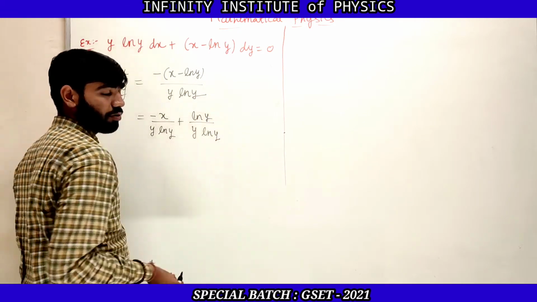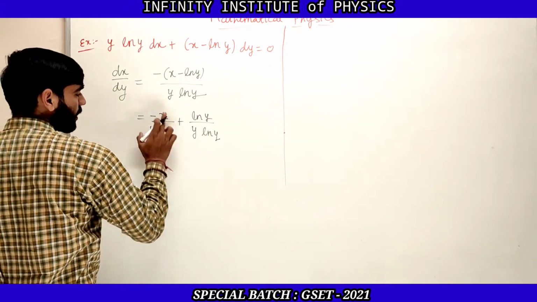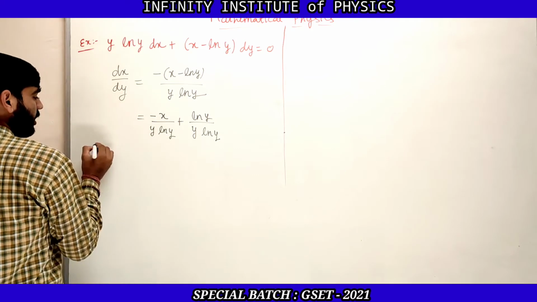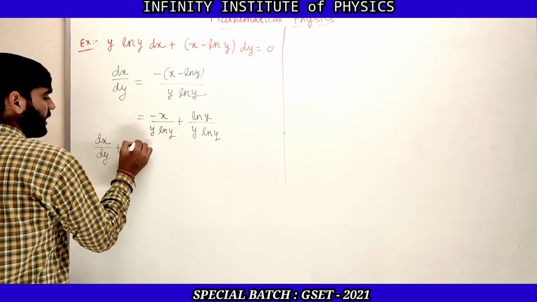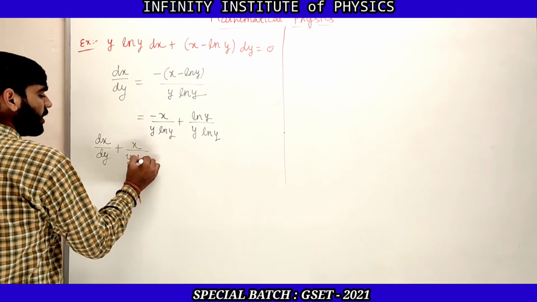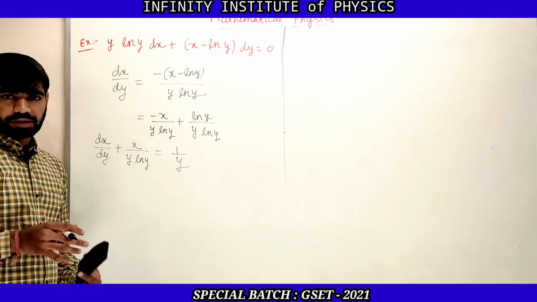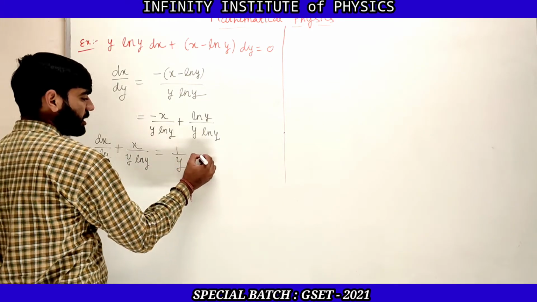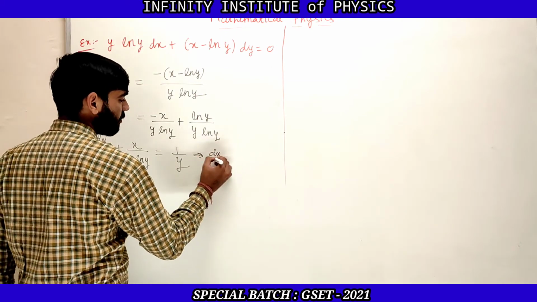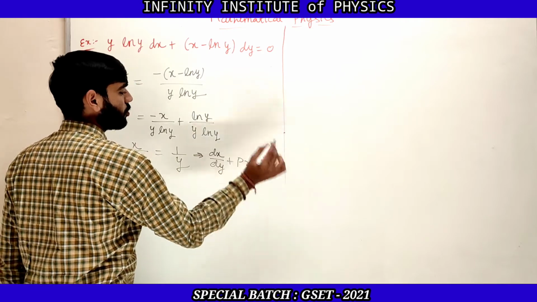So here log y will cancel out. Now let us take the x by y log y to the left hand side, then it will be dx by dy plus x by y log y is equal to 1 by y. And clearly you can see that this is a linear differential equation, dx by dy plus px is equal to q.